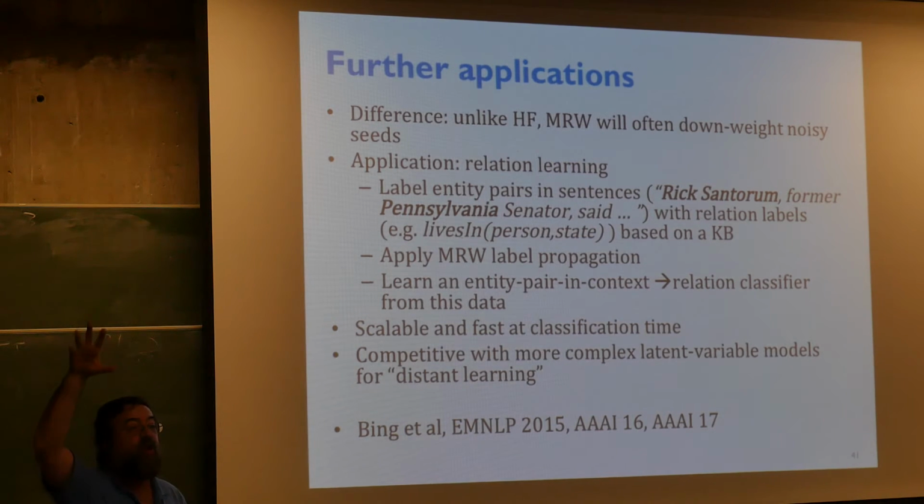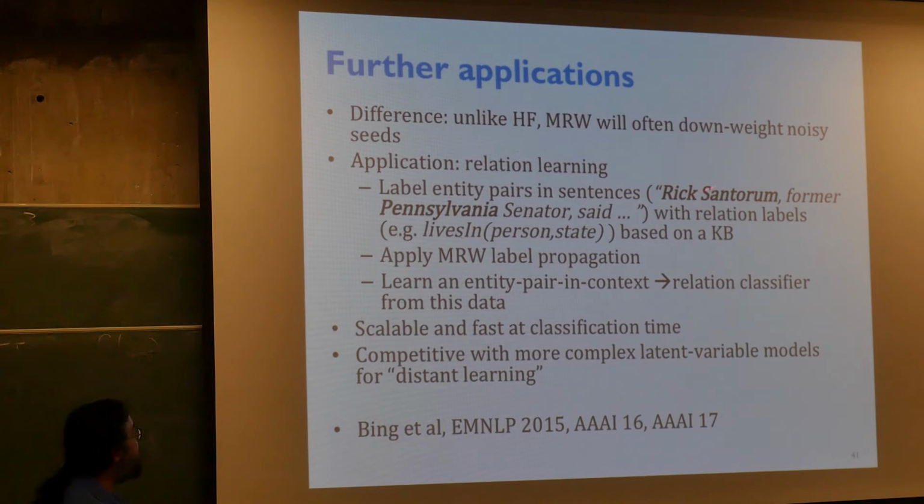So you start off with some examples, like city examples such as Pittsburgh, San Francisco, Austin, and you look for mentions of those things in sentences. Here we're looking at entity pairs, like Rick Santorum lives in Pennsylvania, and we can find Rick Santorum and Pennsylvania in this sentence. So that suggests that this sentence might be an example of that relation.